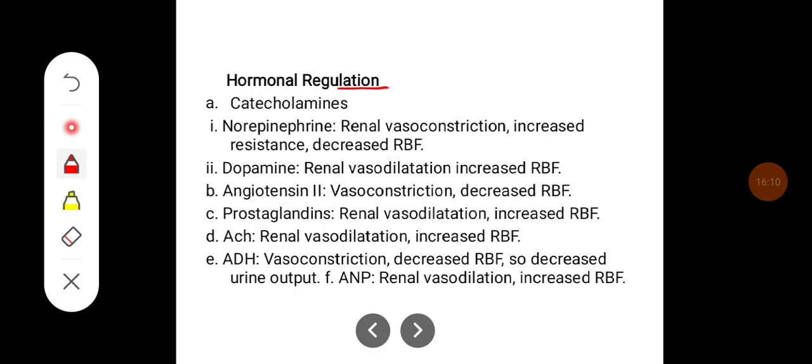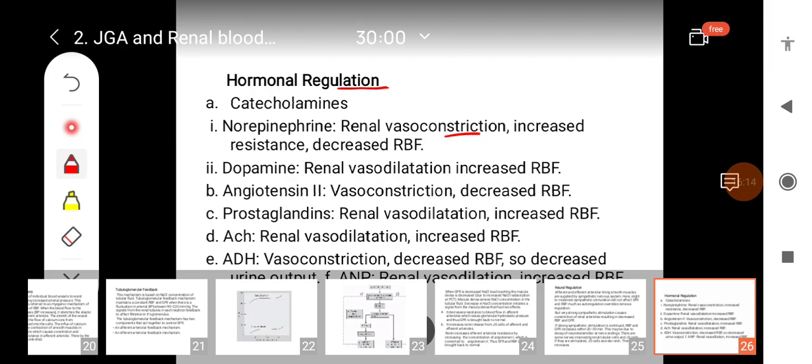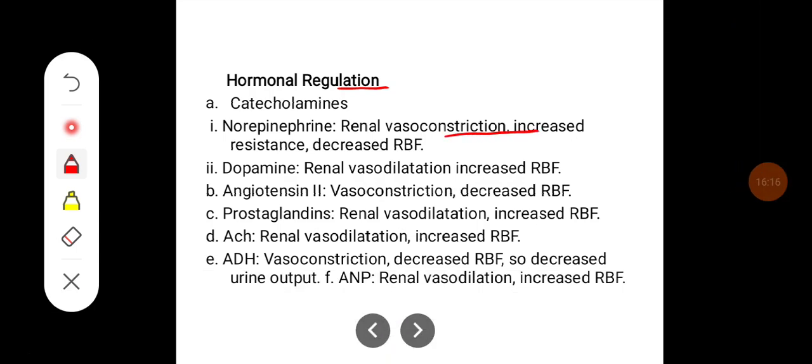Hormonal regulation. Catecholamines, that is norepinephrine, cause renal vasoconstriction, increased resistance and a decrease in the renal blood flow. Then we have dopamine, which causes renal vasodilatation and increases the renal blood flow. Angiotensin 2 causes vasoconstriction and decreases the renal blood flow.